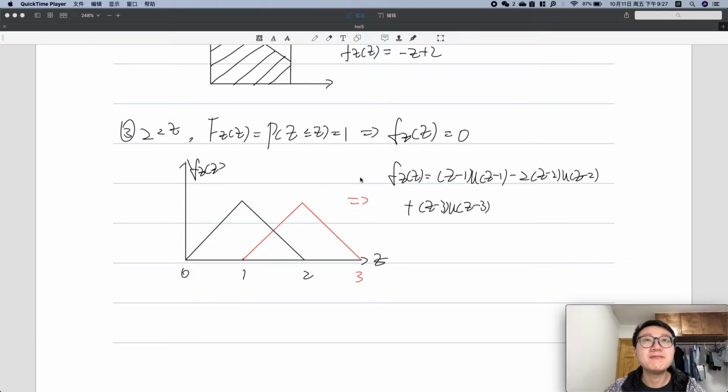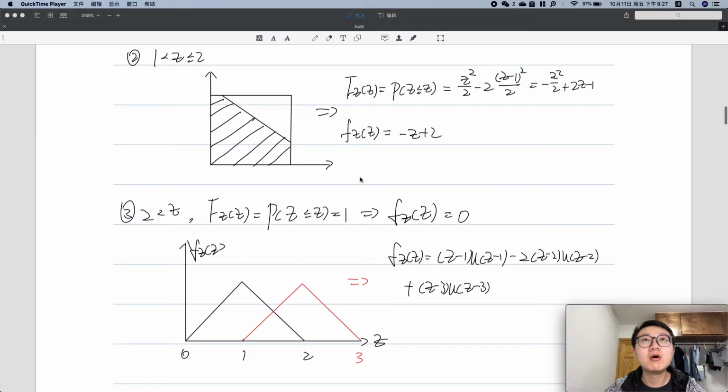We put all the results in these two parts, and we can get the result very easily. In this part, we first get the image, and from the image it is very easy for us to get the two functions of Z. So that's the first question.